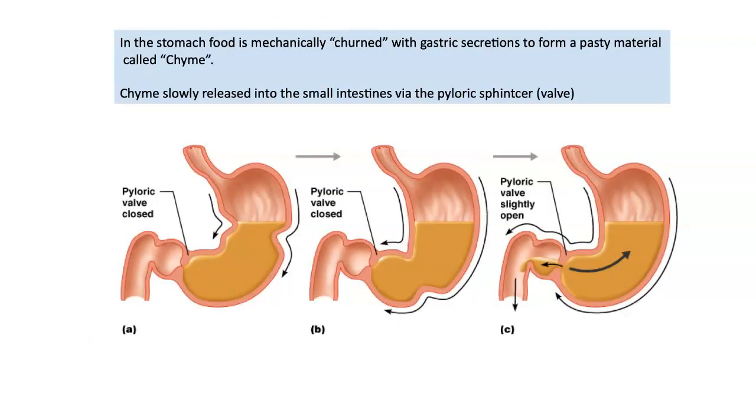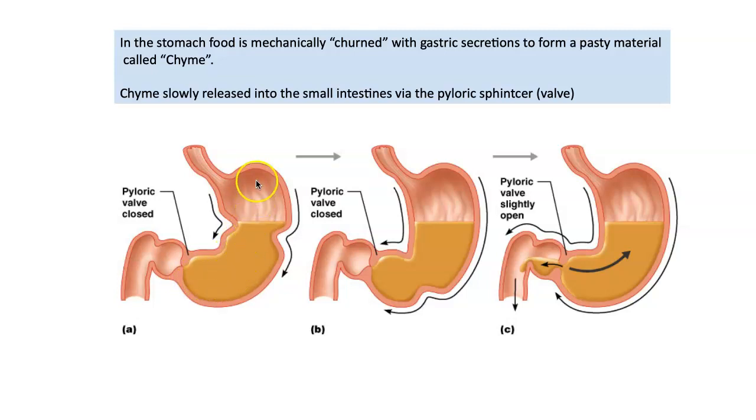Now, this is why you have that third layer of smooth muscle, that inner oblique, because we are going to be doing something in the stomach that's not just peristalsis. We are going to be churning. What the stomach does, it has these rhythmic waves called churning. It moves the bolus up and down, up and down.